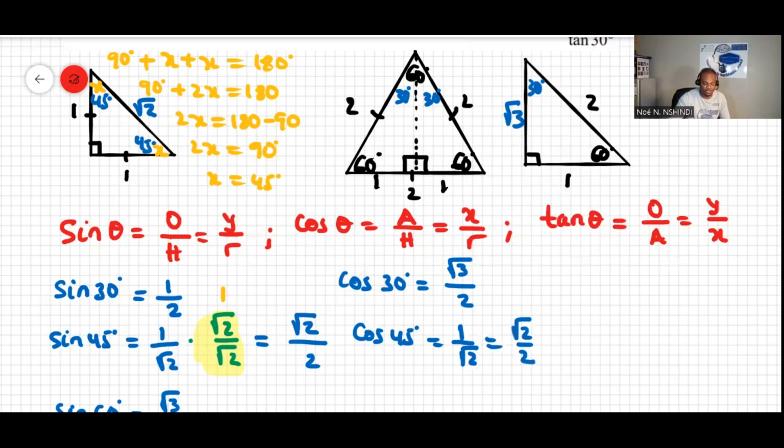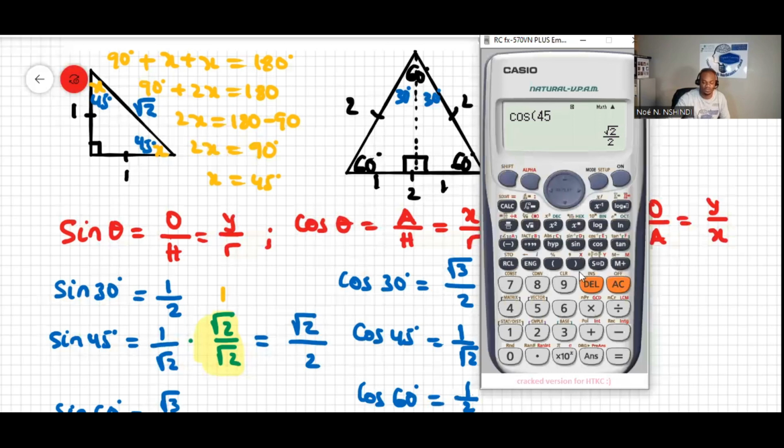Now we can also check cos of 60 degrees. 60 degrees here is the angle, and the adjacent side to 60 degrees is that one, over the hypotenuse, which is 2. We can check in the calculator. Cos of 60 degrees, you're going to get a half. So without using a calculator, we can find these trig ratios.